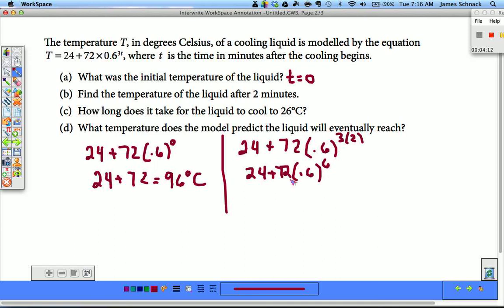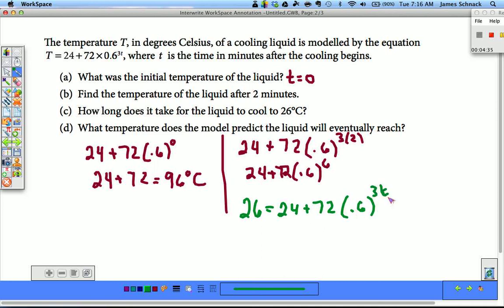And that's something that we can plug into our calculator. I'm going to read this off of my graph in just a couple minutes. How long does it take the liquid to cool to 26 degrees? Well, for that one, we're replacing the big T instead of little t. We're looking for little t. So 26 equals 24 plus 72 times 0.6 to the 3t.